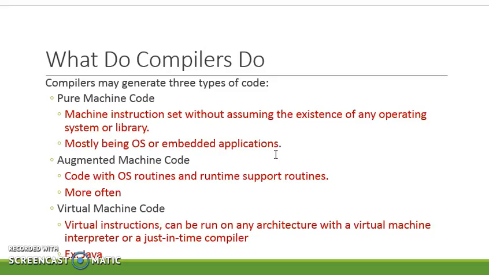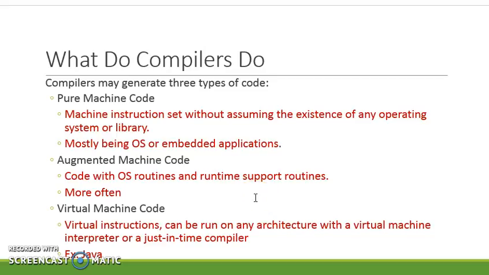The second type is augmented machine code, which includes operating system routines and runtime support routines. The third type is virtual machine code, in which virtual instructions can be run on any architecture with a virtual machine interpreter or a just-in-time compiler.